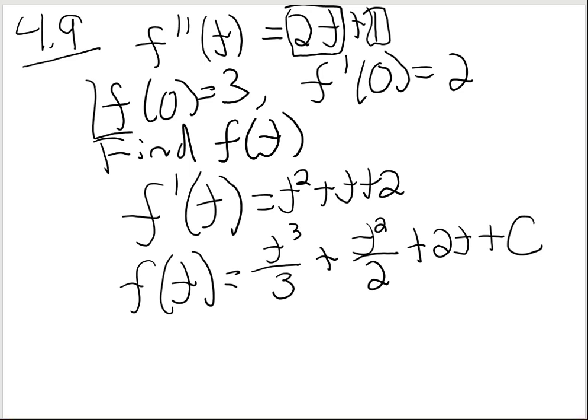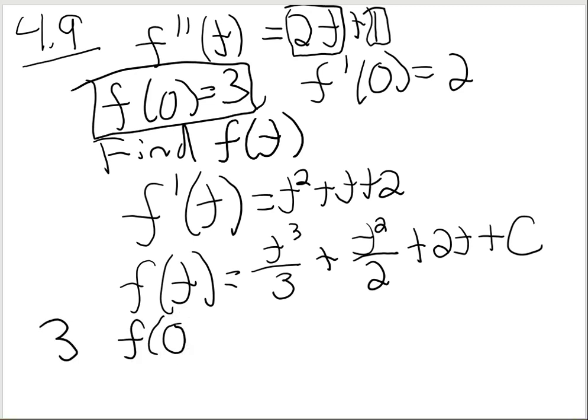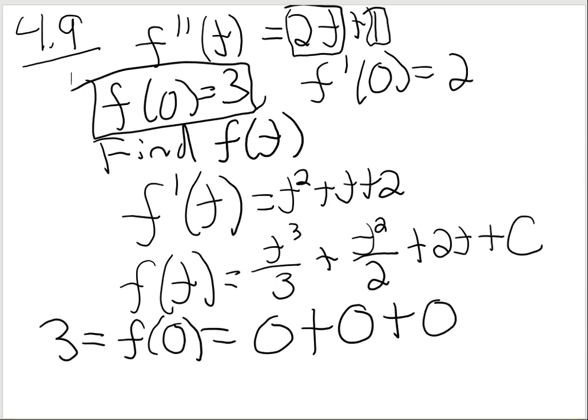But we still have this condition. So f of 0, which is 3, gives us 0 plus 0 plus 0 plus c. So our c is 3, giving us what the function was.